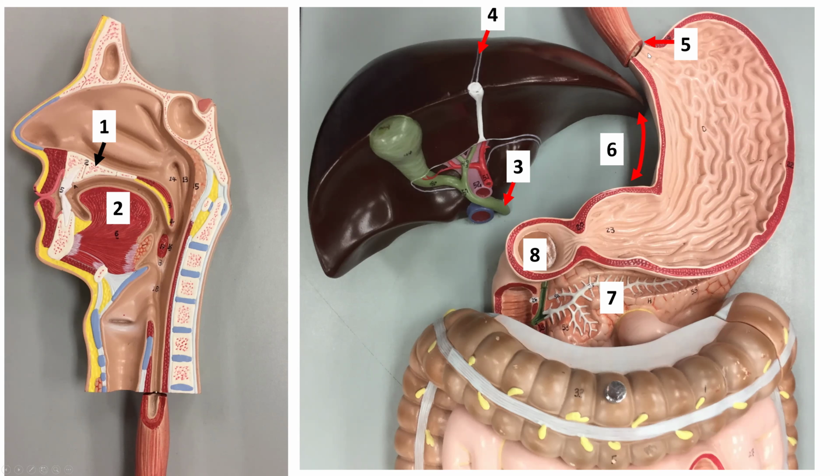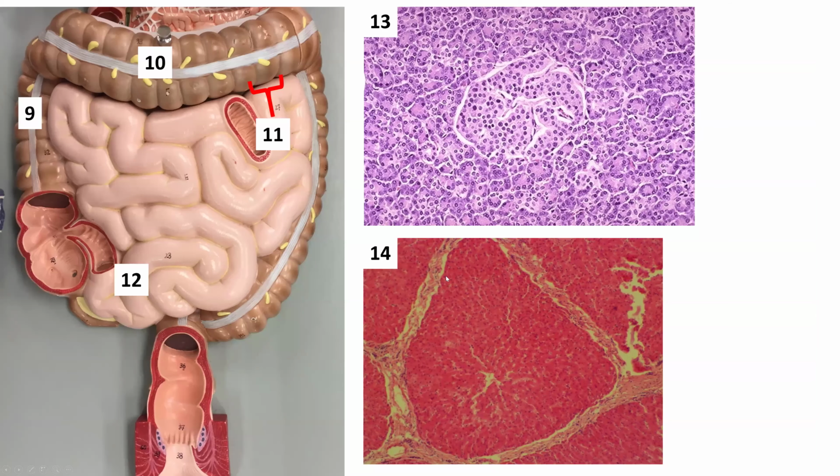The cardiac sphincter. Number 6, what was this area up here called? Lesser curvature. 7 is our pancreas. And 8, what part of the intestine am I in now? Duodenum. Good. Okay, 9, what part of the colon?